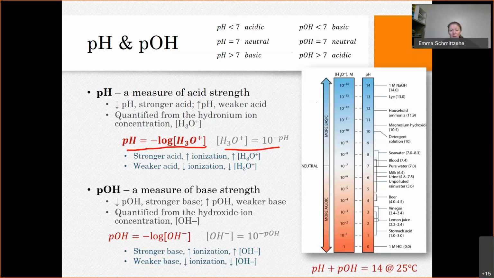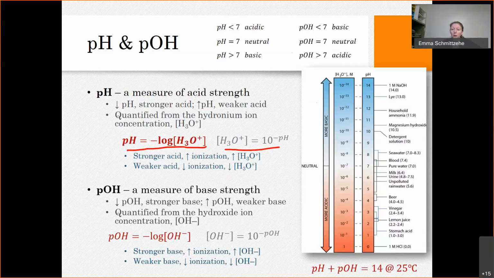The sum of pH and pOH is always 14, at least at room temperature. Again, 10 to the negative 14th relating your hydronium and hydroxide, that's true at room temp or at 25 degrees C. pH plus pOH equals 14 also if we're at room temp, okay? So really, once you know one of those things, you can get the other three.